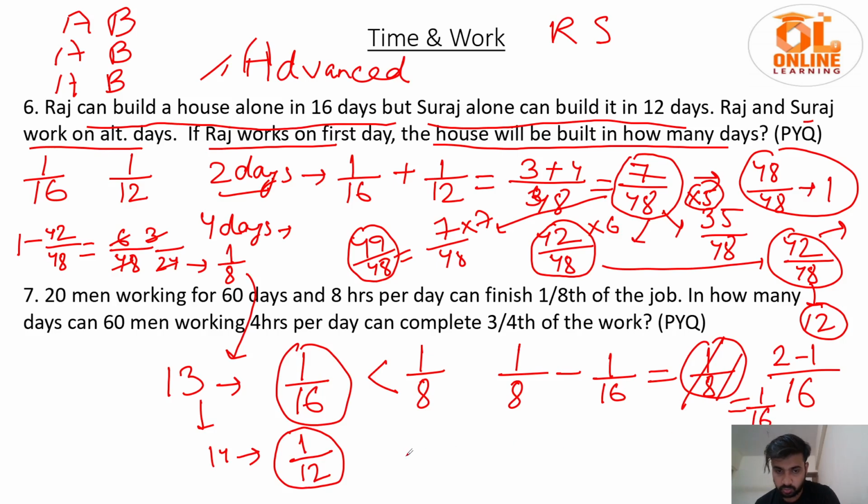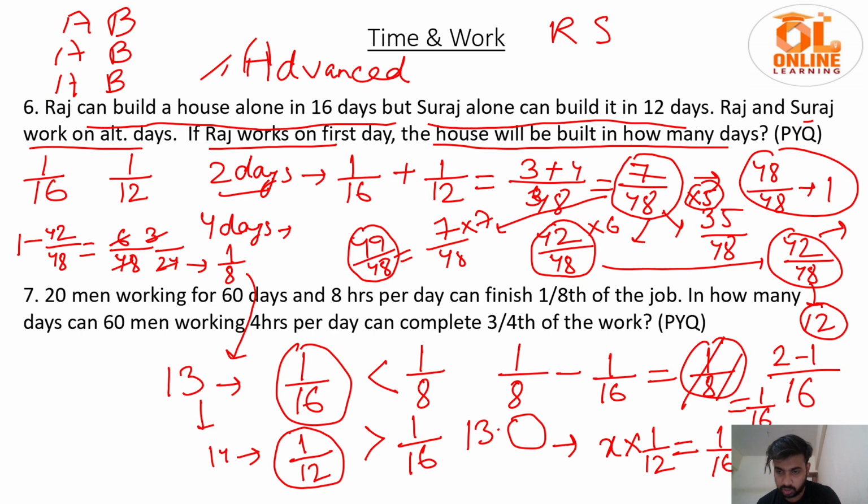Okay, so 1 by 12 is greater than 1 by 16. So Suraj will not take the complete day to complete the work. So it will be 13 point something, right? Then we will find out how much. So let's see, 1 by 16 is how much of 1 by 12. x into 1 by 12 is equal to 1 by 16.